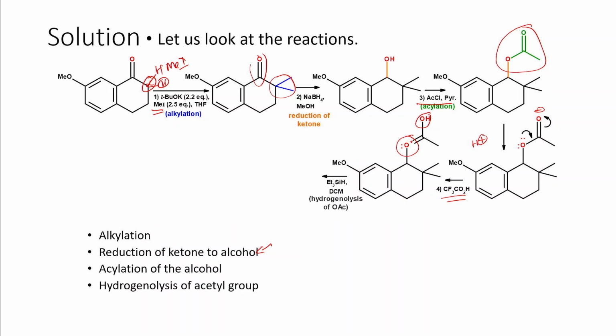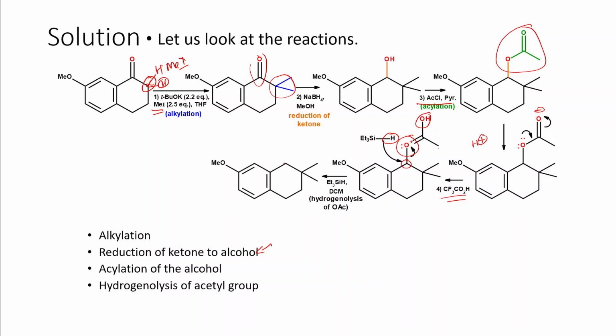The triethylsilane reduction is nothing but the hydrogenolysis of the acetyl unit. The silane's hydrogen atom is transferred to this particular carbon atom with the concomitant loss, because the oxygen has a positive charge as an oxonium ion, so this is quite unstable. So the carbon oxygen bond is now broken towards the oxygen, and we end up with CH3COO, which is nothing but acetic acid formed as the byproduct, and this particular carbon is reduced.